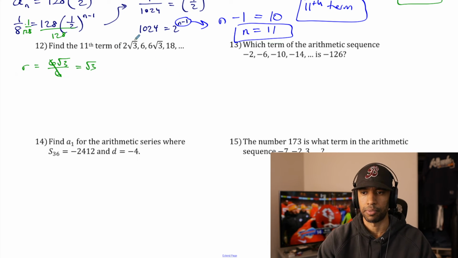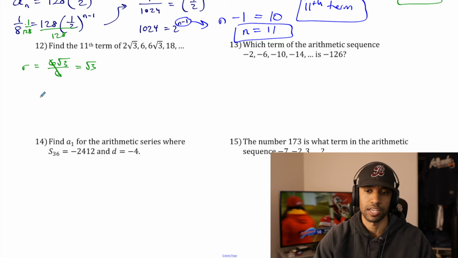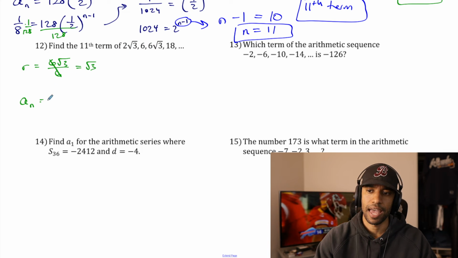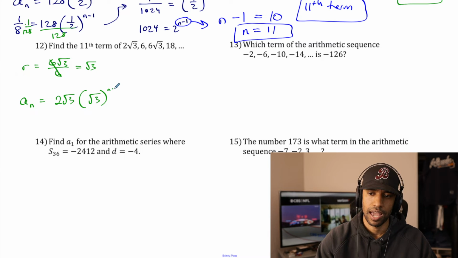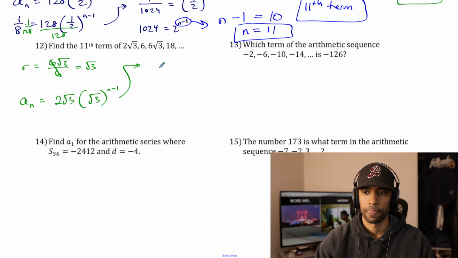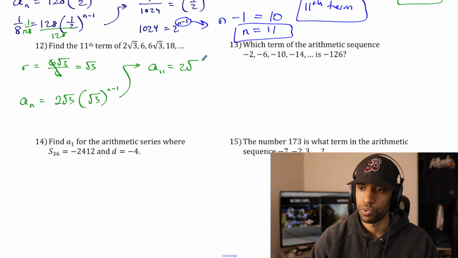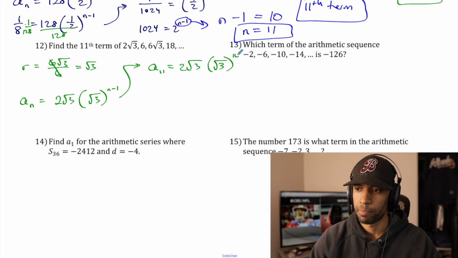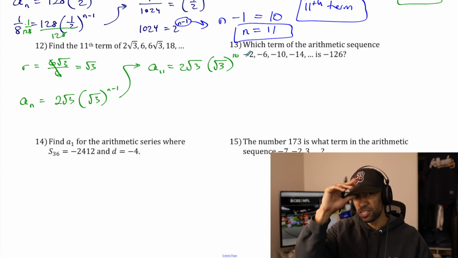That's something to establish. And as we're doing that, finding the 11th term means let's write out its explicit rule. So a sub n is the value of the first term times the common ratio, n minus 1 times. That gives us the 11th term, a sub 11 equals 2 root 3 times root 3 to the 11 minus 1 power, to the 10th power. So the square root of 3 to the 10th power should be the same as 3 to the 5th.